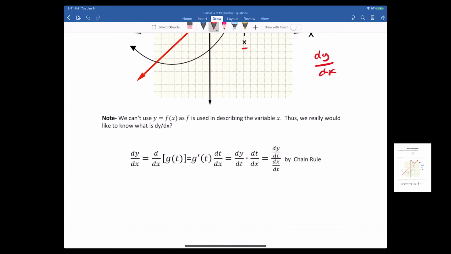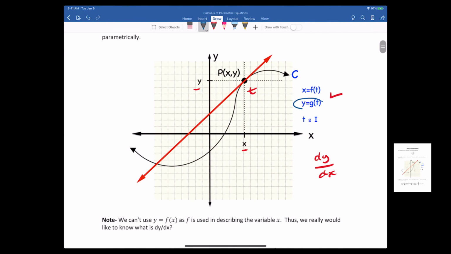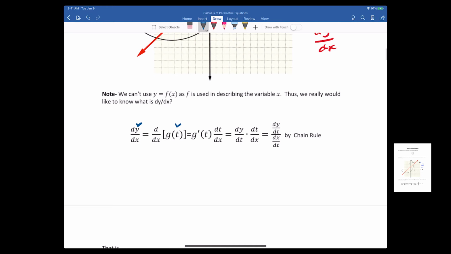here's what I actually did for you guys. I let y, see this variable, I just called it g of t because that's what y is. You go back over here, y is g of t, you guys remember? So y is g of t, and we're going to differentiate with respect to x.